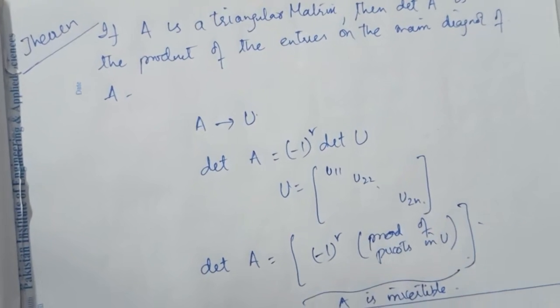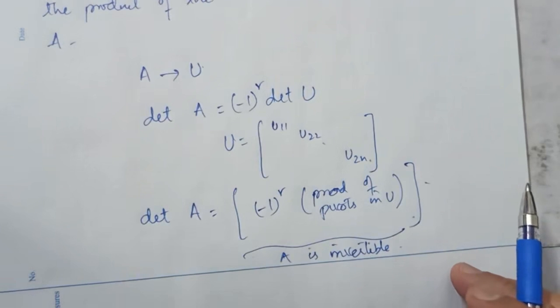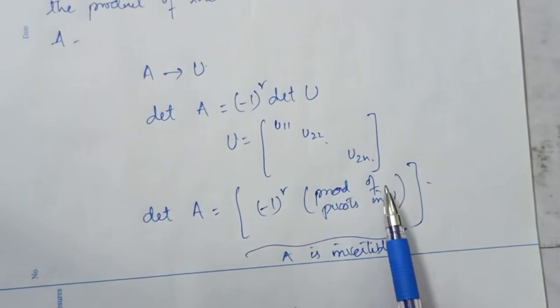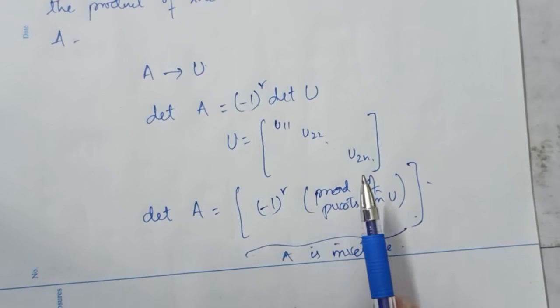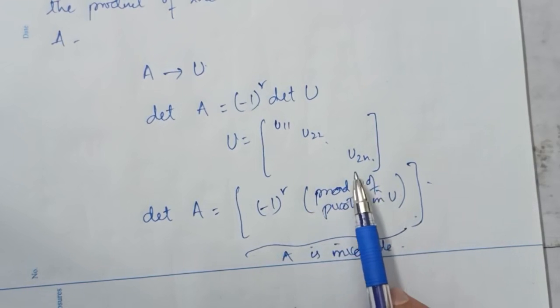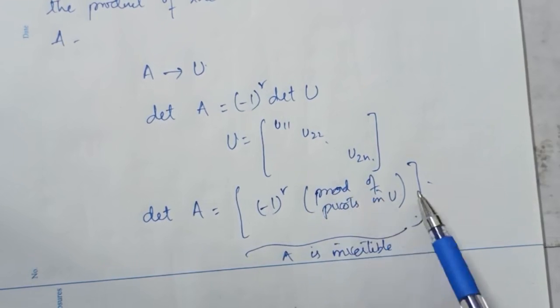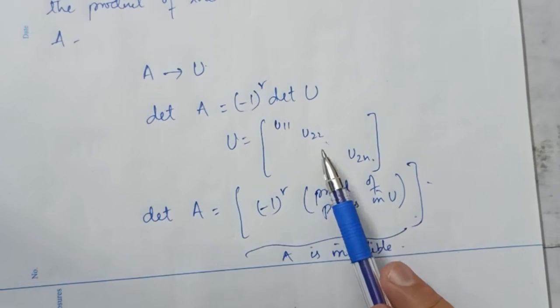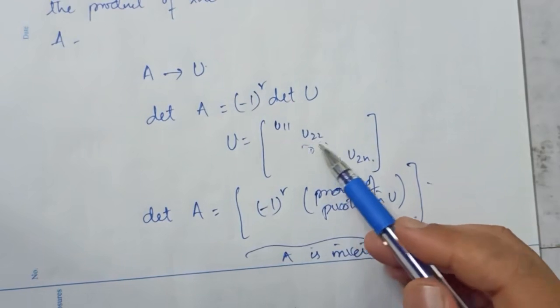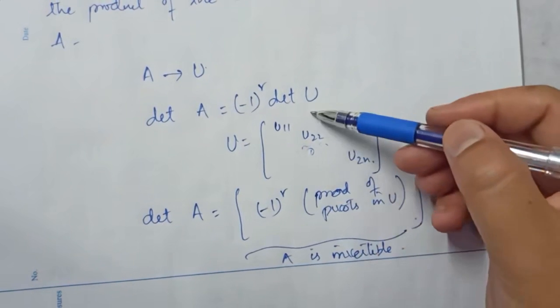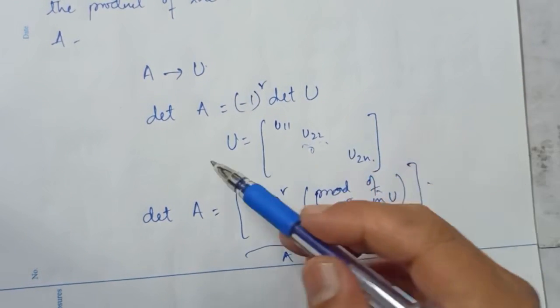And if A is not invertible, it means there are some linearly dependent vectors, rows and columns. So when you convert into an echelon form, those linearly dependent vectors generate 0 entries across the whole column or the whole row.